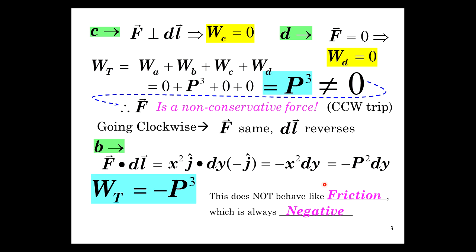But it doesn't behave like friction because of the differences in these values in traversing the path. Yes, it's non-zero, but it's different, where friction would be the same value in both directions. So this is neither a conservative force nor a dissipative force like friction. So you see that the nature of forces can be a little more complicated and a little more varied than you might have otherwise suspected.